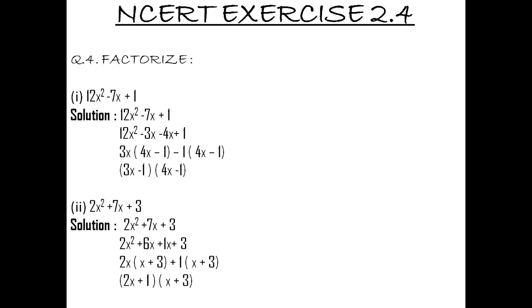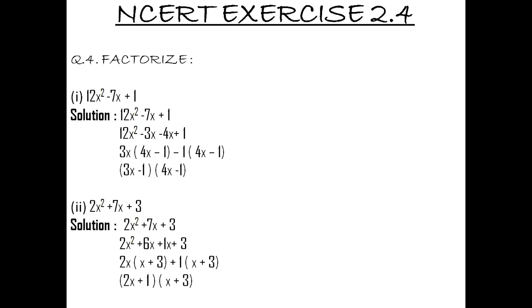And 3 and 4 are such factors which when added give me 7. But then what do I need? I need minus 7. So in the second step, what I've done is minus 7x is written as minus 3x minus 4x.